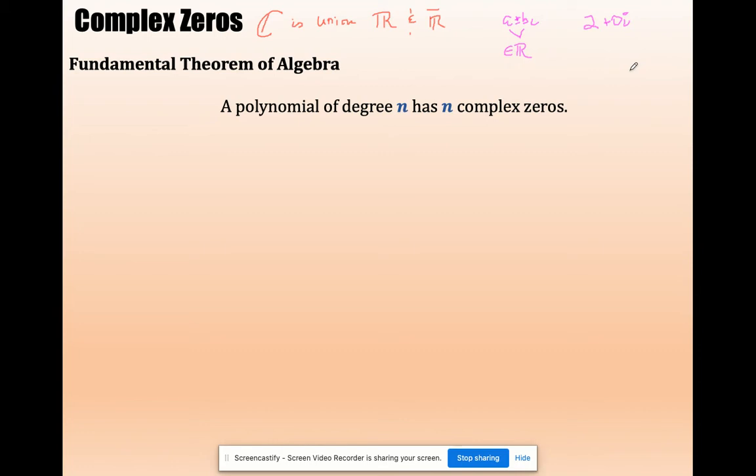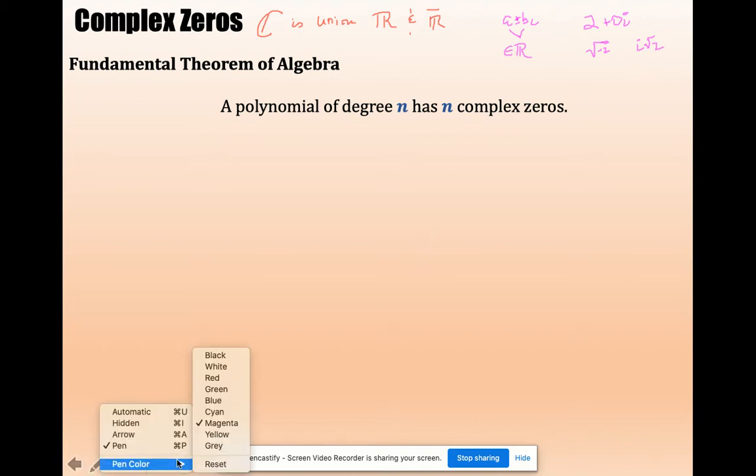Furthermore, a non-real number, like the square root of -2, is not a real number, but you were taught last year that you can write that as i root 2, right? Suck the negative out as an i. i root 2 is strictly a non-real number, but it's also complex.